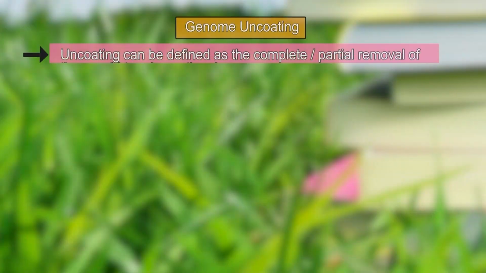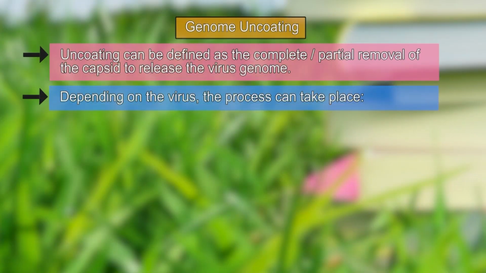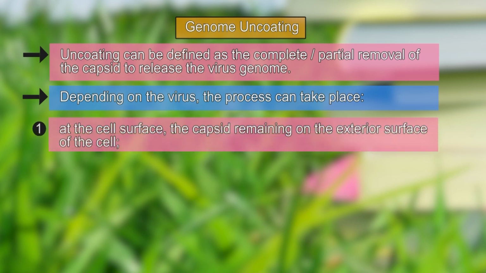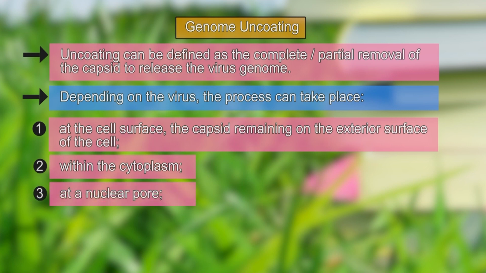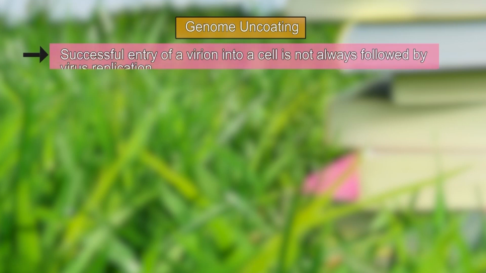Now, after successful intracellular transport, that is getting the genome delivered to the proper location in the cell, uncoating occurs, that is shedding of the capsid either partially or completely. This can occur at the cell surface, inside the cytoplasm, at the nuclear envelope or within the nucleus. Now, successful entry of a virion into a cell is not always followed by viral replication.